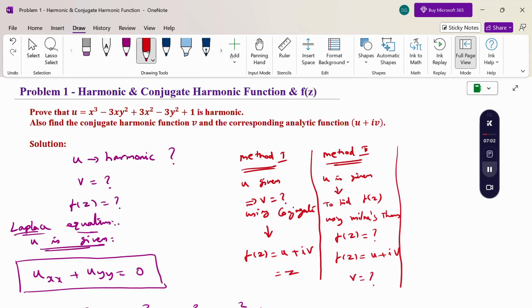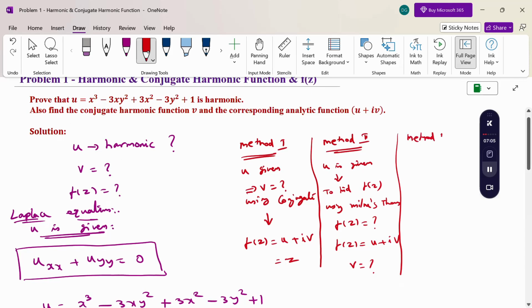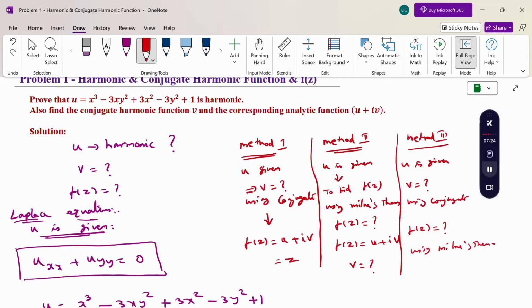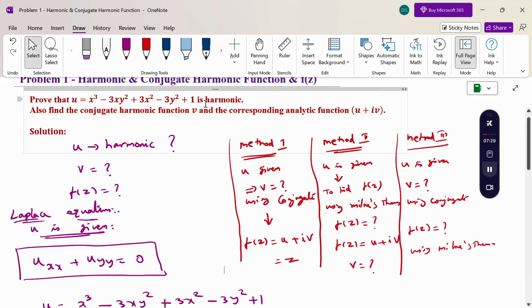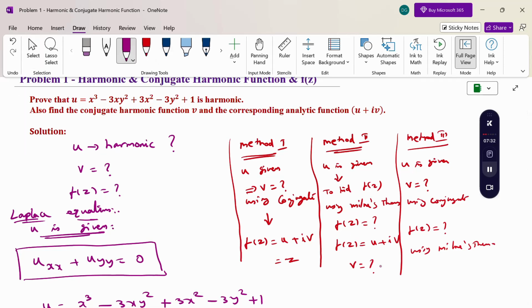Then method 3: u is given, v is found using the conjugate formula, then f of z is found using Milne-Thomson. So these are three ways to calculate the given problem. Now I am going to apply the third method, using the conjugate harmonic formula and the Milne-Thomson method. Both methods are applied in this particular problem.